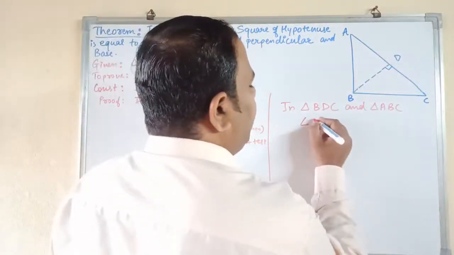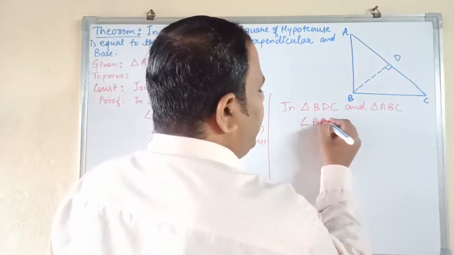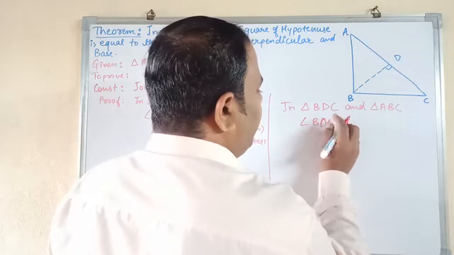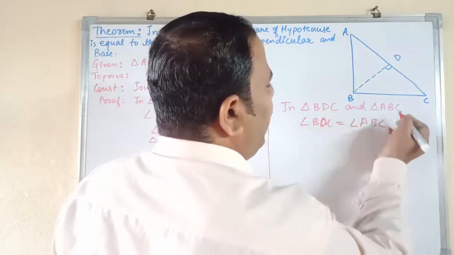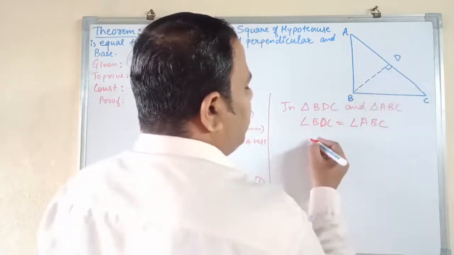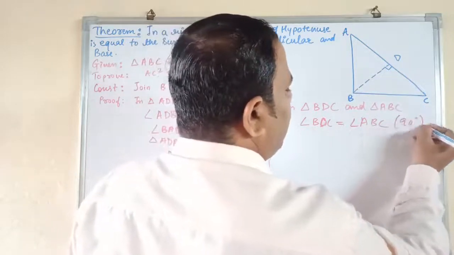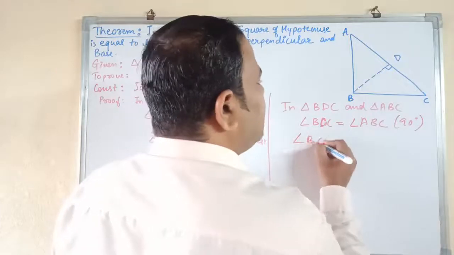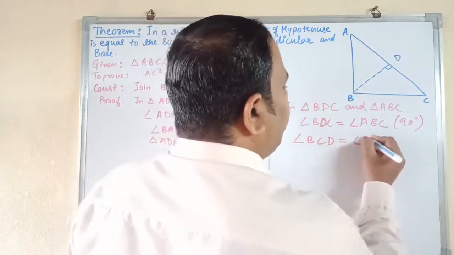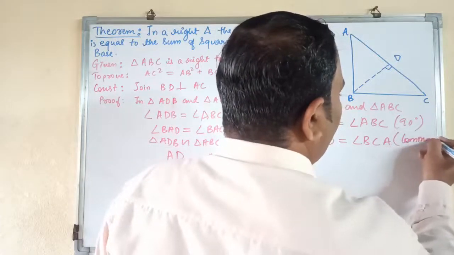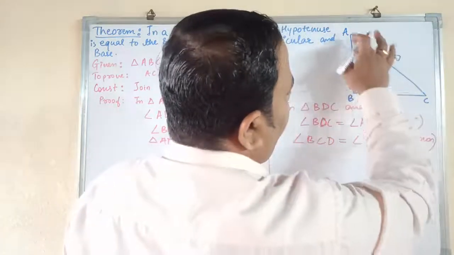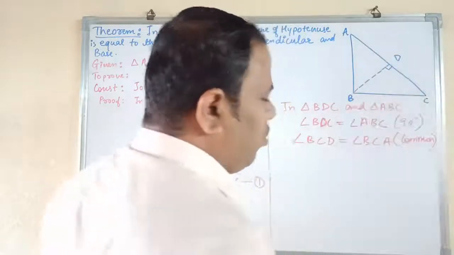So angle BDC is equal to angle ABC. Why? This is a 90 degree angle again. And then angle BCD is equal to angle BCA. This is a common angle. This angle C is common for the bigger triangle and the small triangle also.